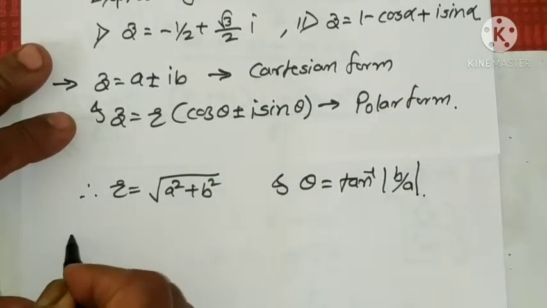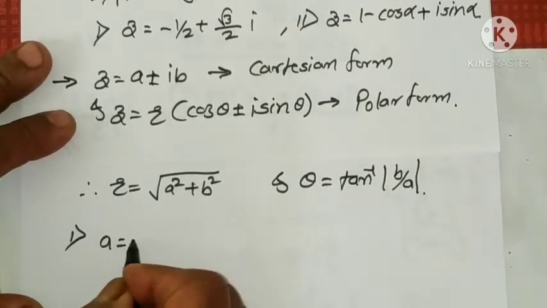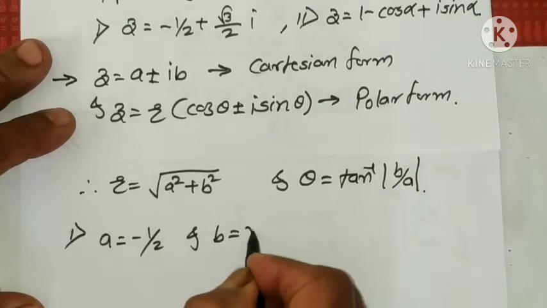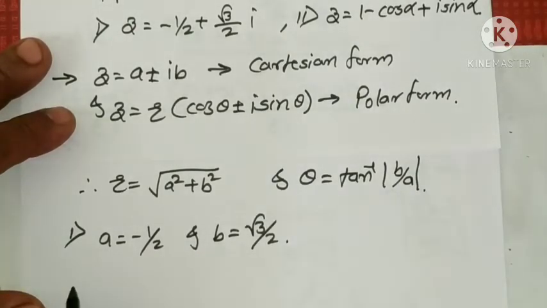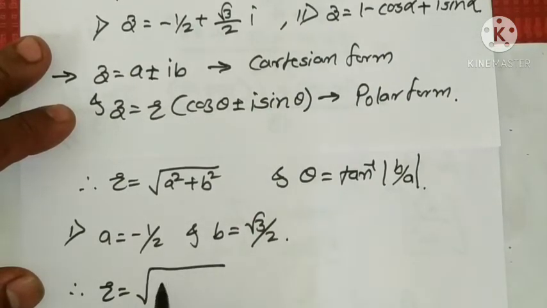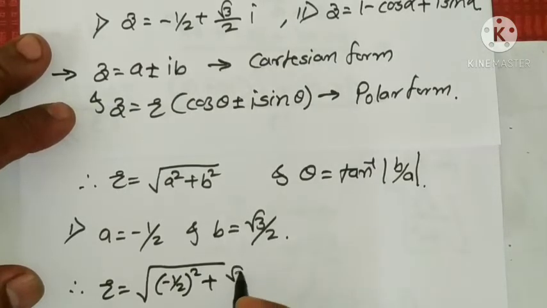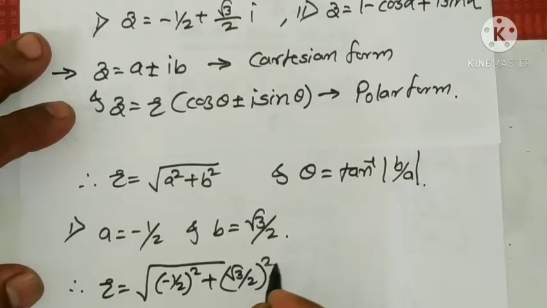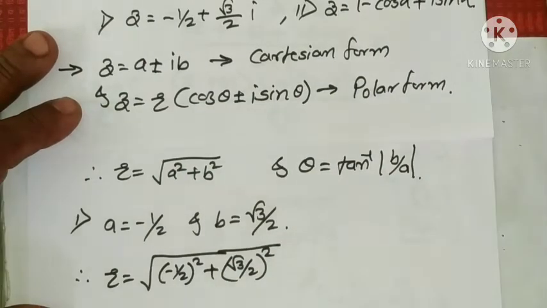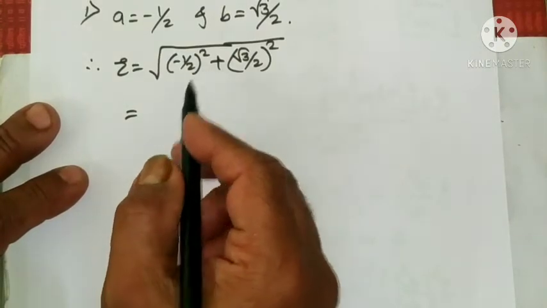For the first example, a is equal to minus 1 upon 2 and b is equal to root 3 upon 2. Therefore, r is equal to root of bracket 1 upon 2 bracket square plus root 3 upon 2 bracket square. When we square, the negative term is always positive.